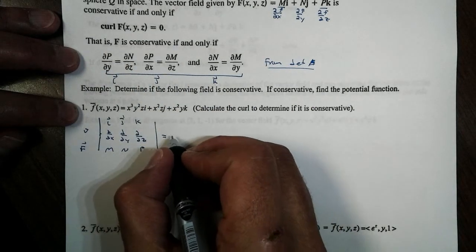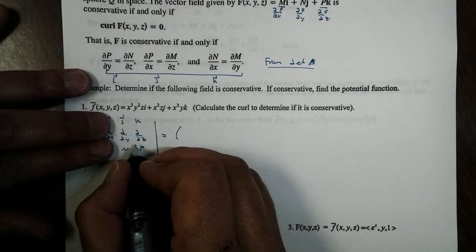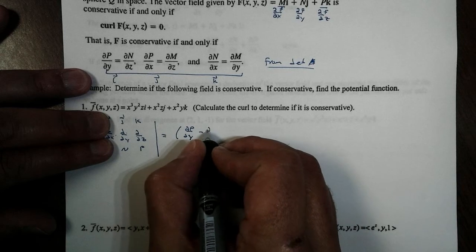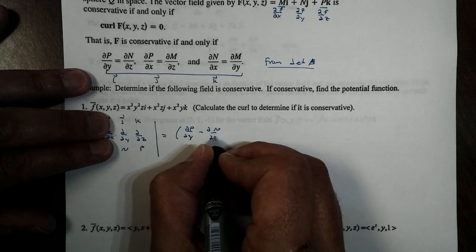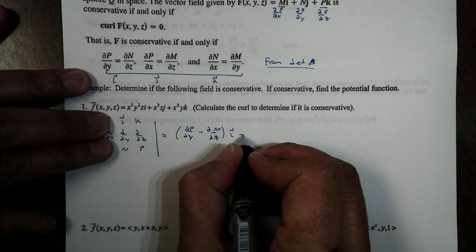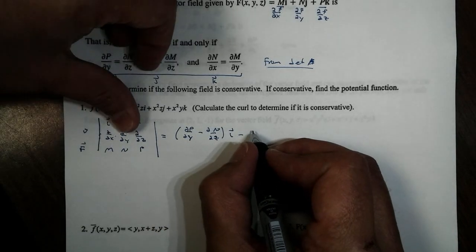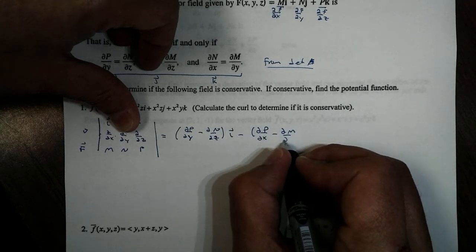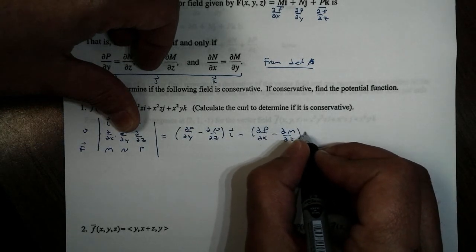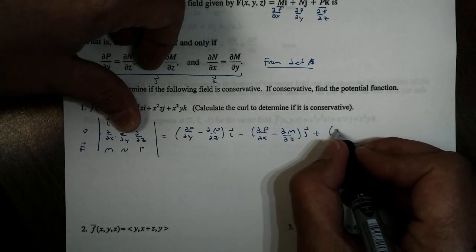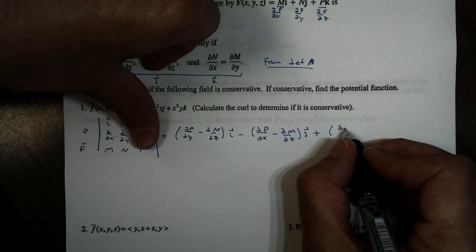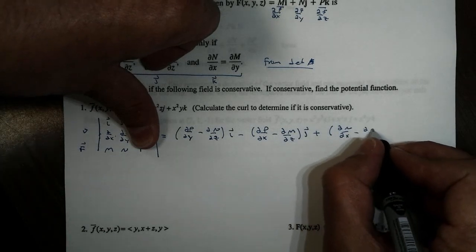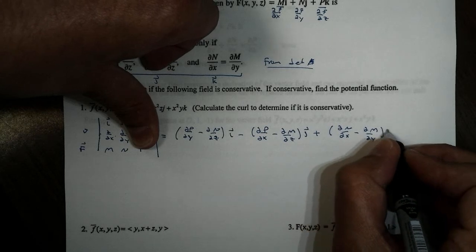All right, so we can say this is going to equal, if I cover this, the partial of P with respect to y minus the partial of N with respect to z, i, minus, cover that up, the partial of P with respect to x minus the partial of M with respect to z, j, plus, now cover here up, the partial of N with respect to x minus the partial of M with respect to y in the k direction.